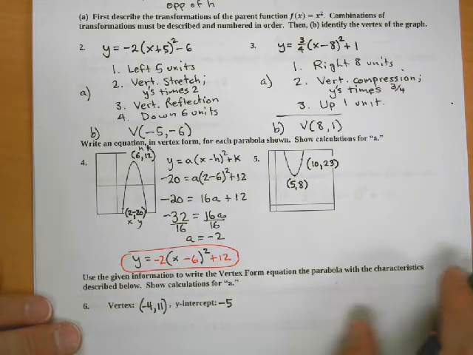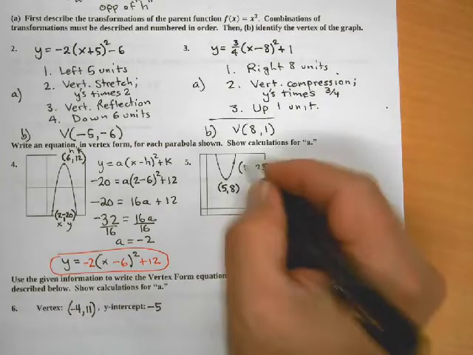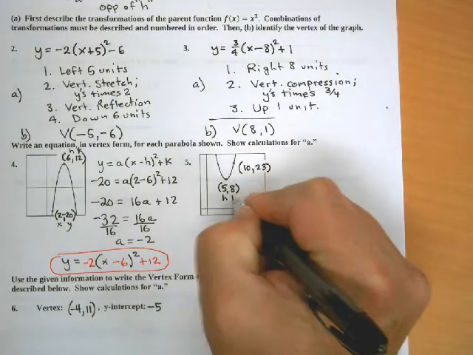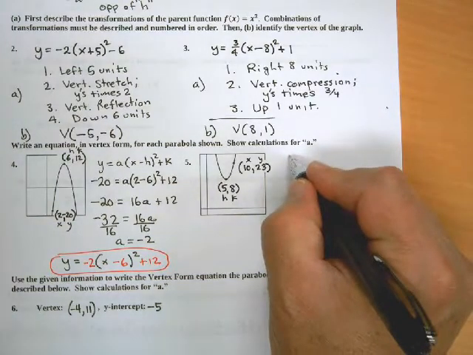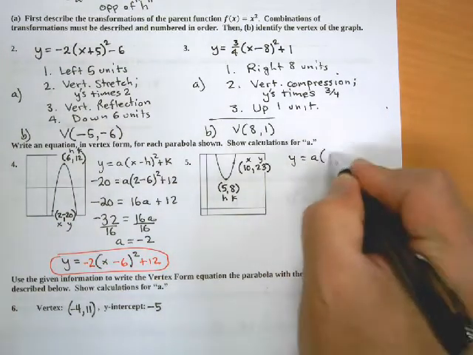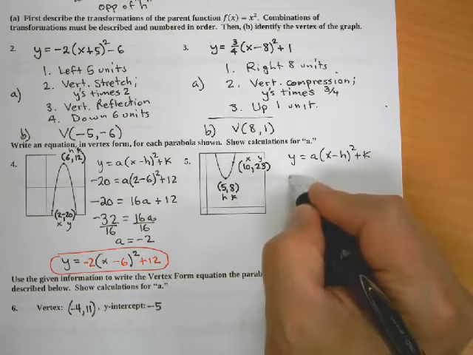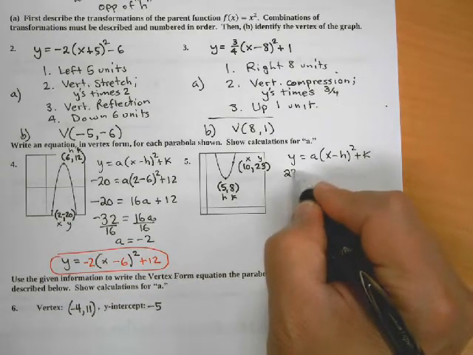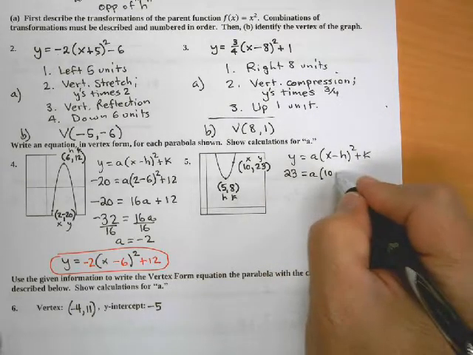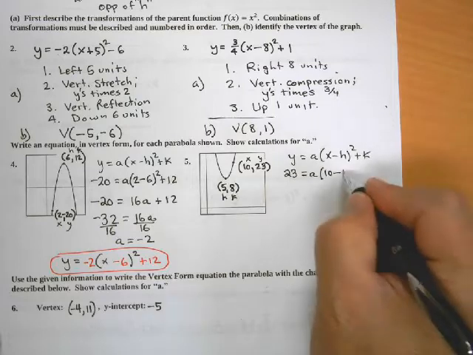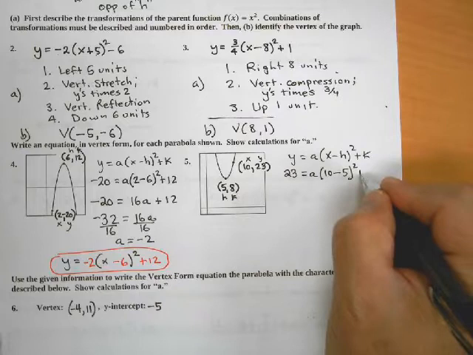Okay, the next one here is the exact same type of problem, so I'm going to just start out by labeling the vertex and the other point that's given to us. So y equals a(x minus h) squared plus k. You're going to use 23 for the y value. You're going to use 10 for the x value. Take away 5 is the opposite of h, plus the k value, which is 8.